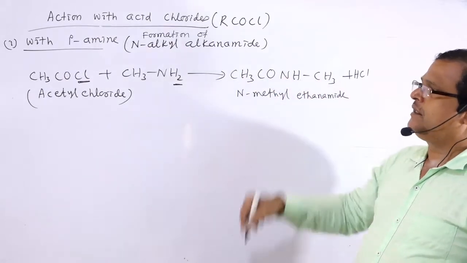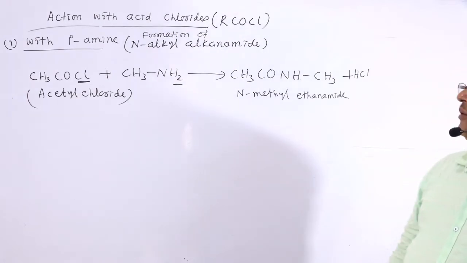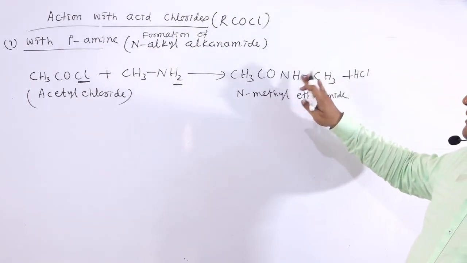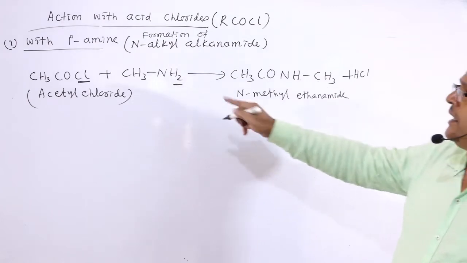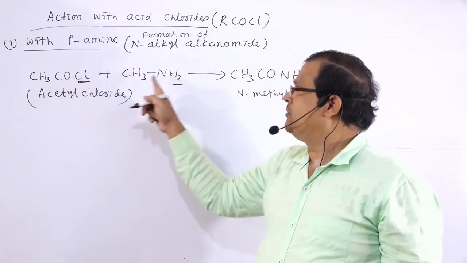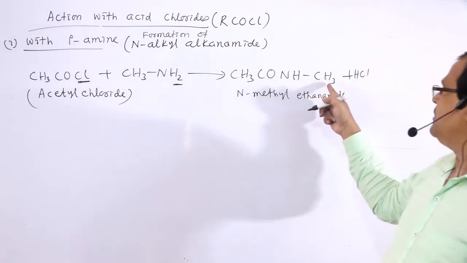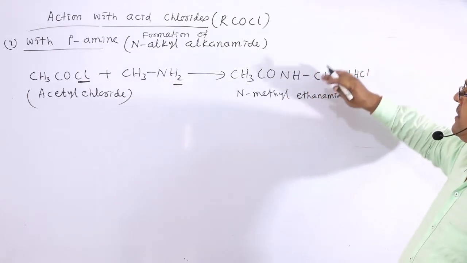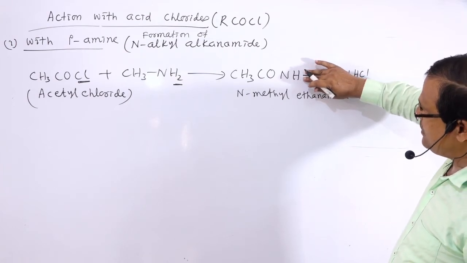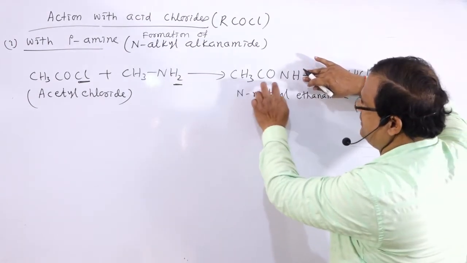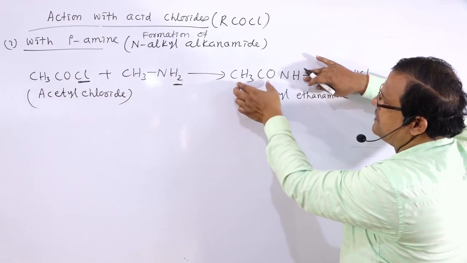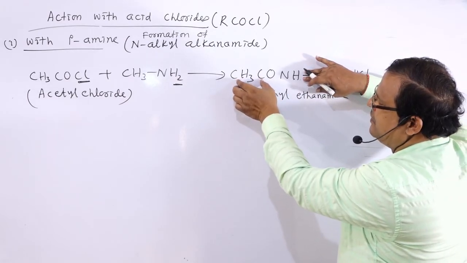N-methyl ethanamide. How do we name this compound? This is very important, as students make mistakes in this naming. The H part and Cl part are removed as HCl. The remaining part is CH3CO and NHCH3. After combination, if this group is not there, it is named CH3CONH2, that is RCONH2, an alkanamide, ethanamide.